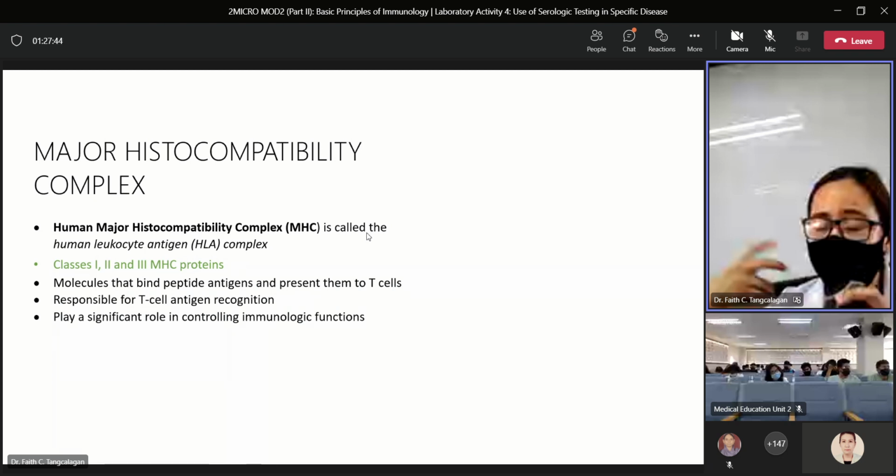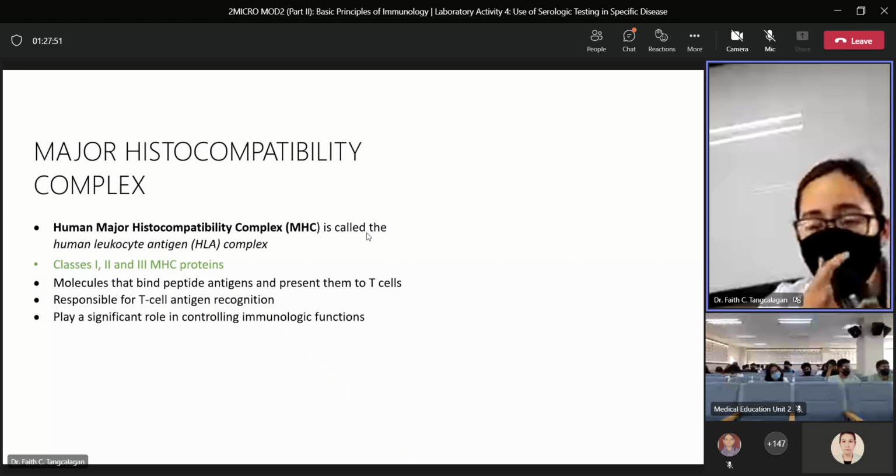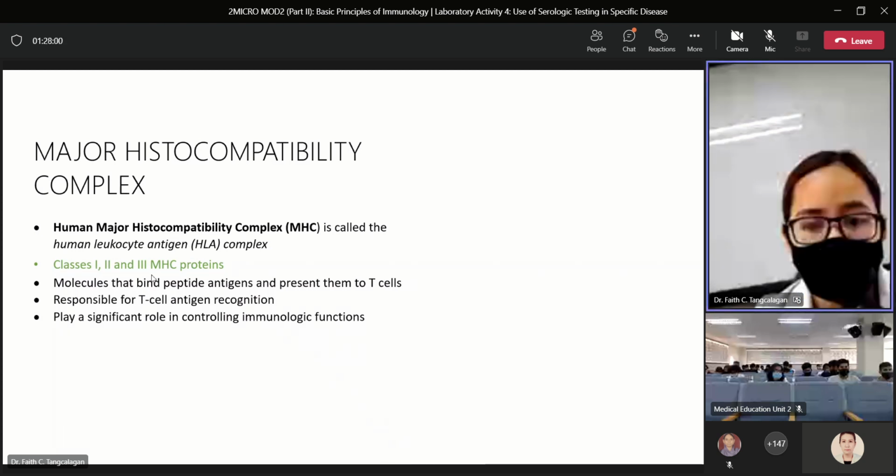Actually, there are three classes of MHC: class 1, class 2, and class 3. But the most studied are classes 1 and 2. These molecules bind peptide antigens and present them to the T cells.